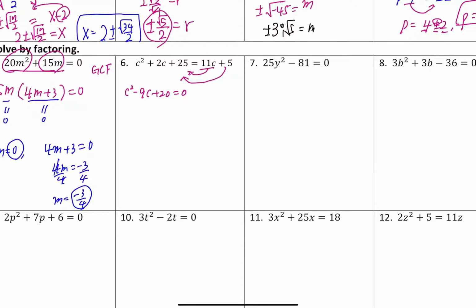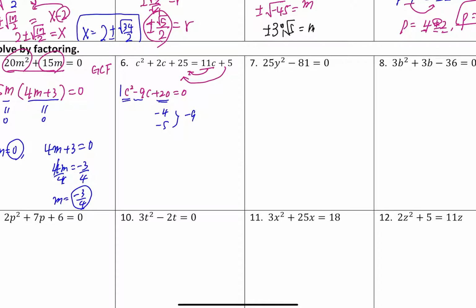To factor them, because leading coefficient is 1, let's use 2 factors of 20. I think -4 and -5 is good, because -4 times -5 is positive 20, and -4 plus -5 is -9, which is same as the middle coefficient, linear coefficient. So this is right combination.